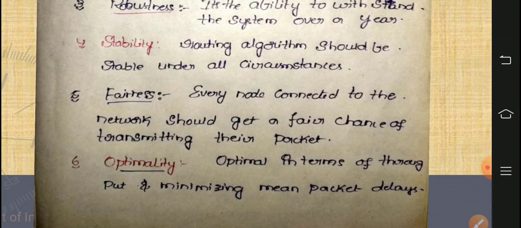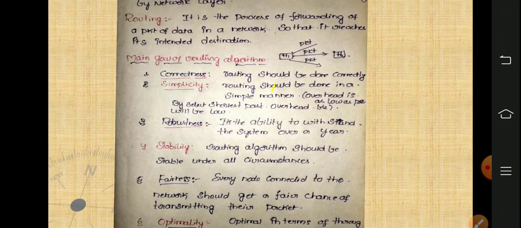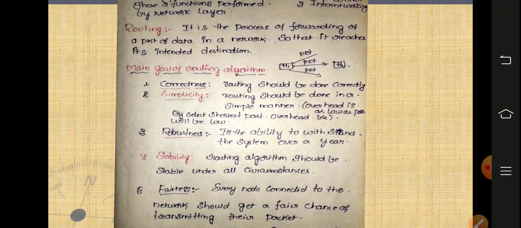So it can reduce the mean packet delay over the network. So this is called optimality, and it should also maintain the stability, right? So these are the main properties, or desirable properties, of a routing algorithm, right?